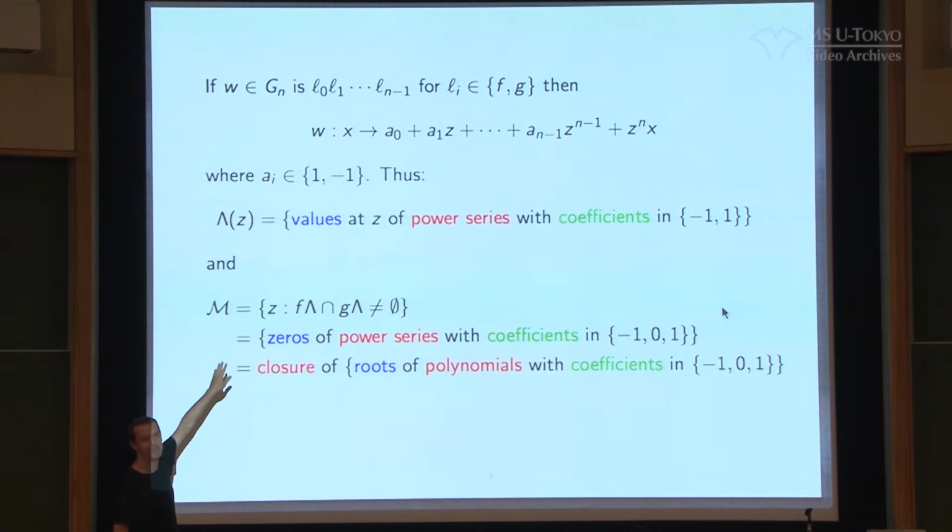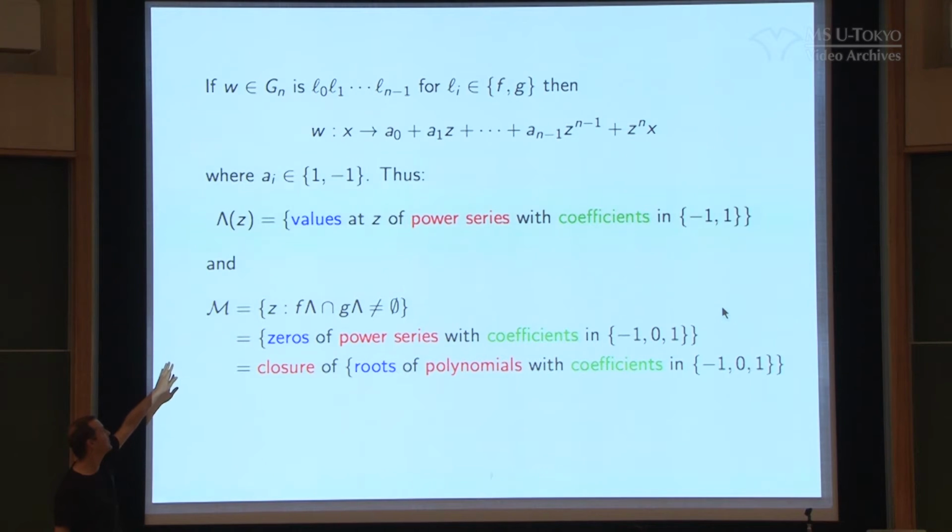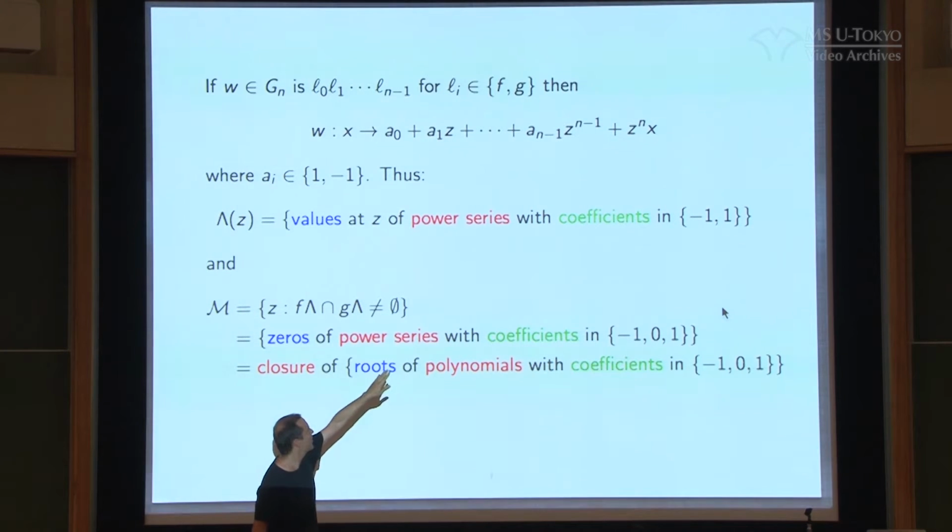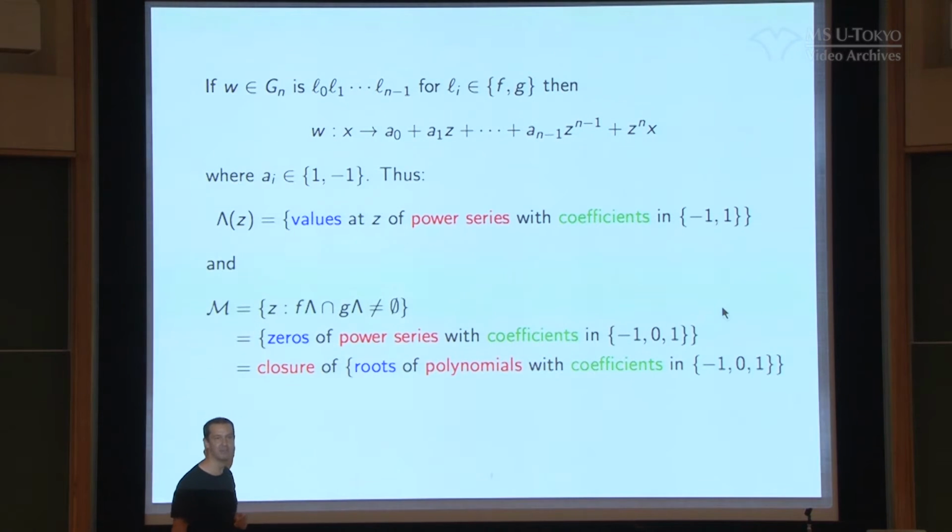We have to actually remember what this initial value, the input x, was. x only enters into it by popping out at the end, being multiplied by z to the n, and then you get tacked on some polynomial of degree n minus 1. That polynomial of degree n minus 1 depends just on the word w, not on the input x, and the coefficients tell you exactly what the generators making up w were. The letters in w, were they f or g.